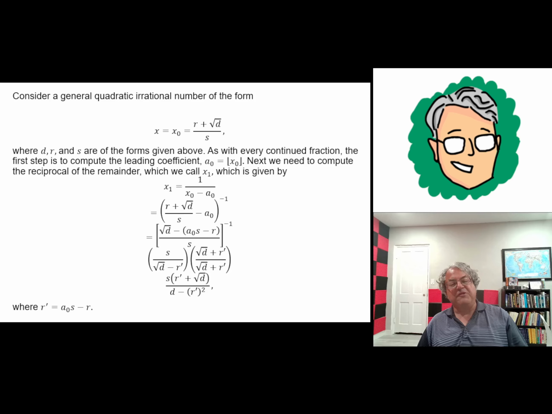And if we plug in what x naught is, r plus square root of d over s, we're subtracting a naught from it and taking the reciprocal. And we have to do some simplification here. But when you're done, you're going to get this kind of ugly expression: s times the quantity r prime plus square root of d in the numerator, and d minus r prime quantity squared in the denominator, where r prime is a naught s minus r.